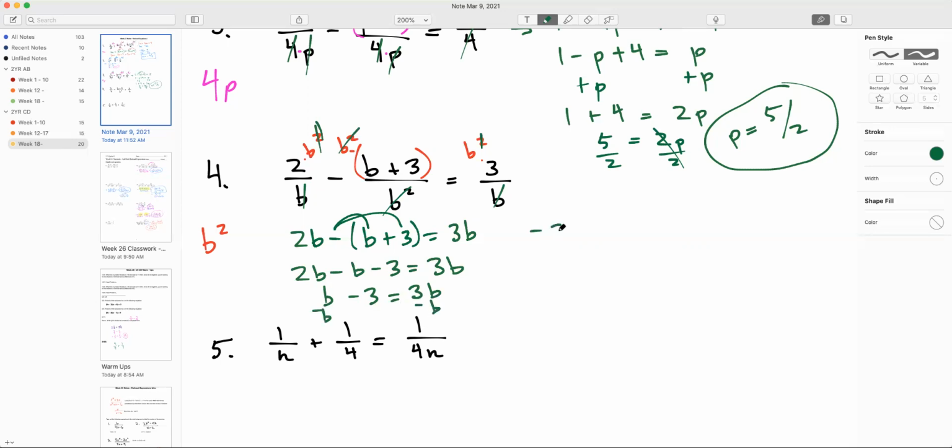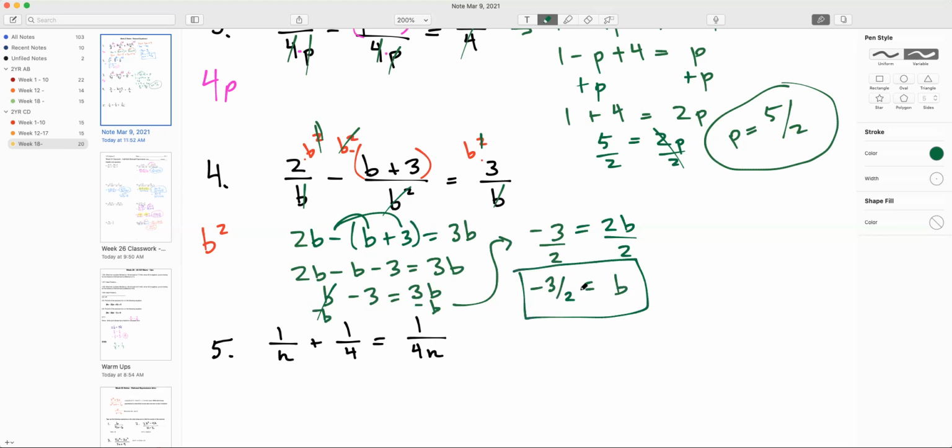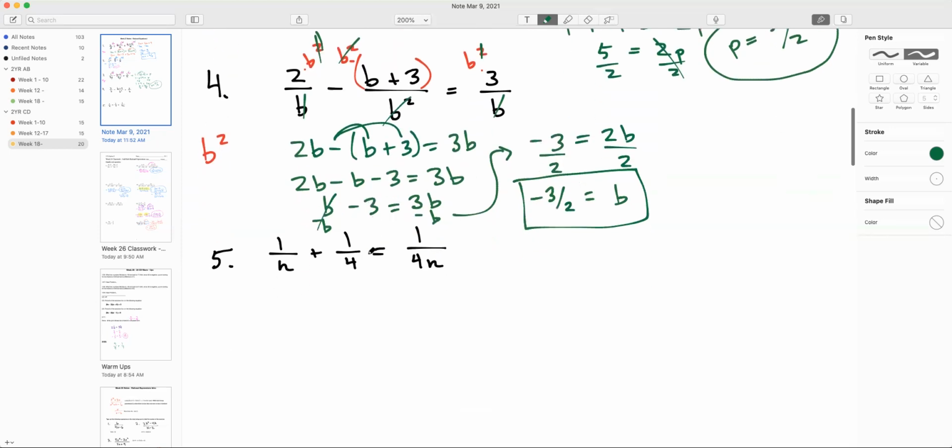That means we have negative 3 equals 2b again. And finally, we divide both sides by what? We need to get this 2 off of the b, isolate the variable. Negative 3 halves. Okay, did you get it?